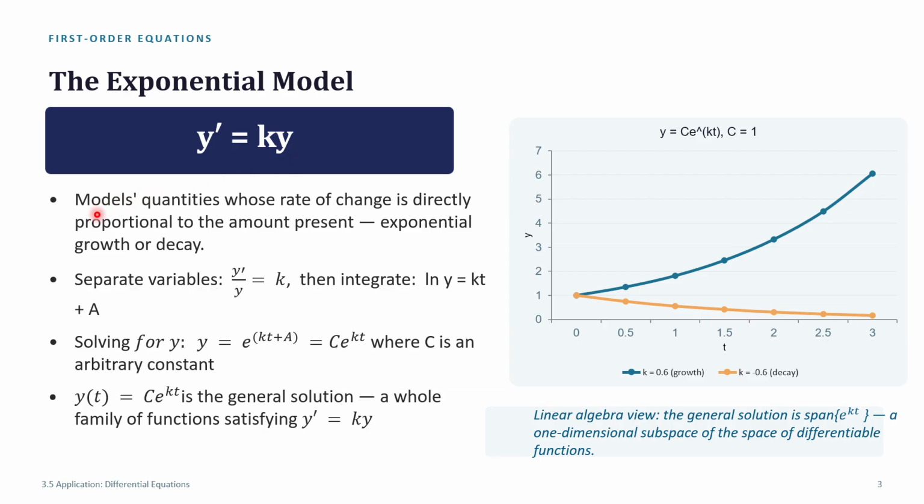This equation is used to model quantities that exhibit exponential growth or decay. As you can see here, this blue line is the positive k, it shows the growth, and this yellow one is the negative k, which shows the decay.